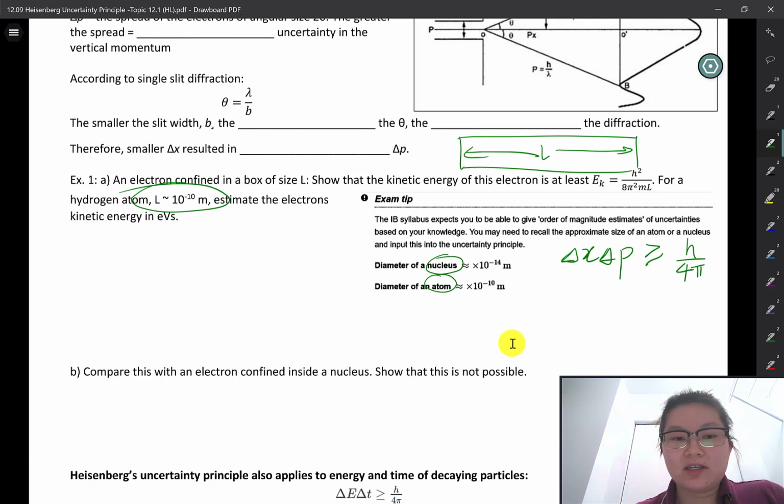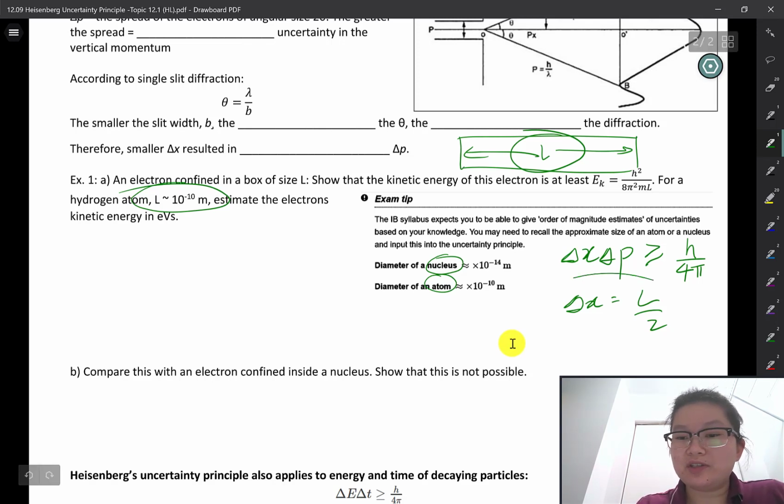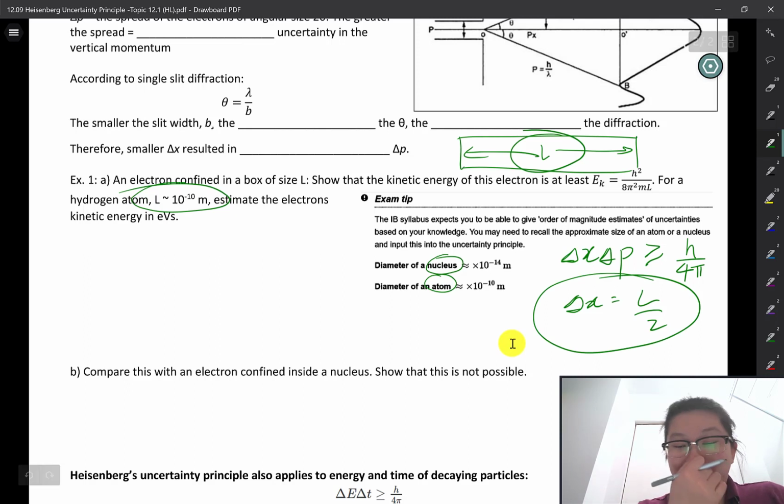For this electron, we can say it could be anywhere inside this box, in which case we can say the uncertainty of the position is L. In your textbook, in SOCOs, they use the uncertainty being half the size of L. In my opinion, it's so inconsequential that it shouldn't matter. But if we use that, then we will get a factor of 8 down there. So I'm just going to use this for the sake of that.